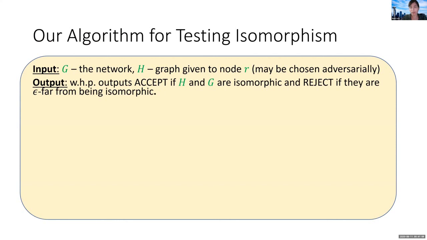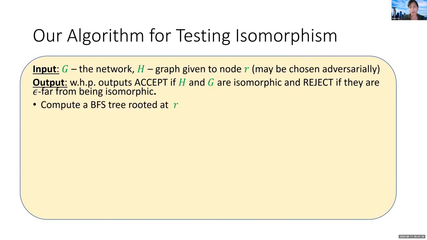So let's wrap everything up and see how the algorithm actually works. Given a graph G, which is the network, and an input graph H, which is given explicitly to a node R, where R may be chosen adversarially, the algorithm outputs with high probability accept if H and G are isomorphic and reject if they are epsilon-far from being isomorphic.